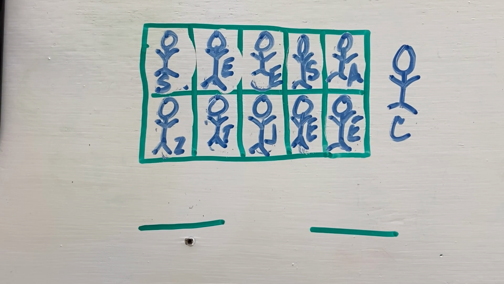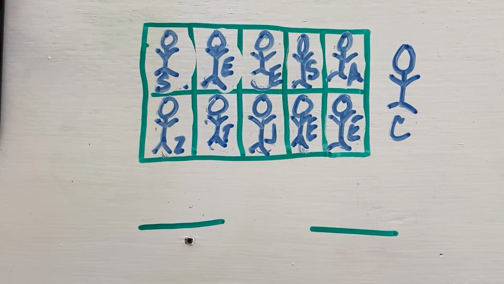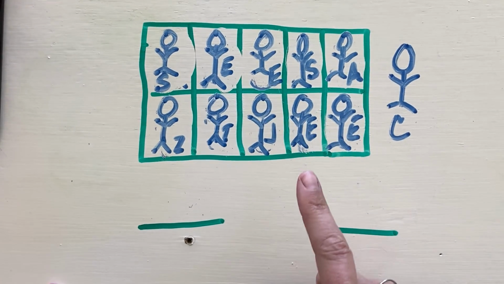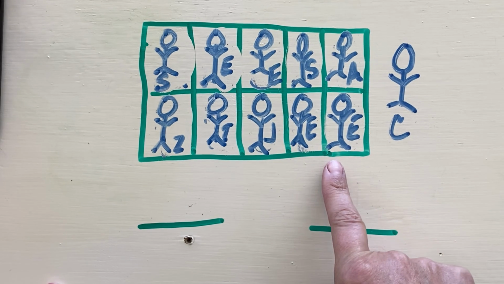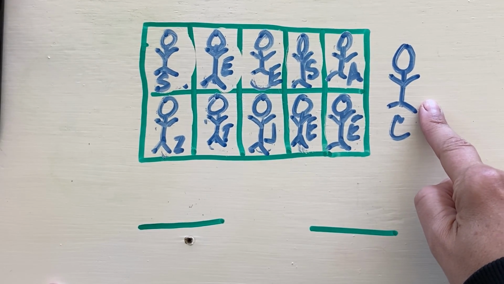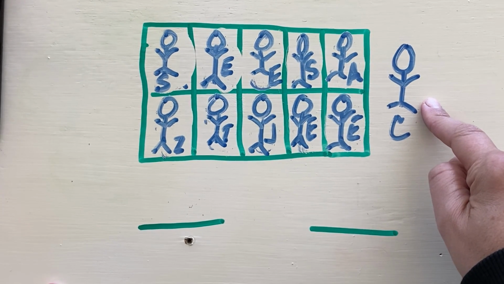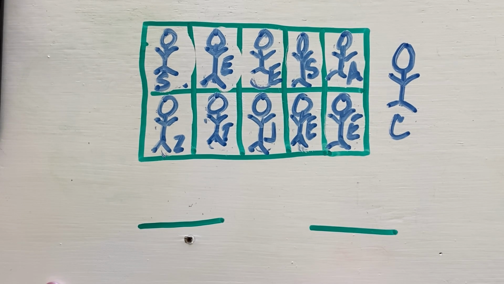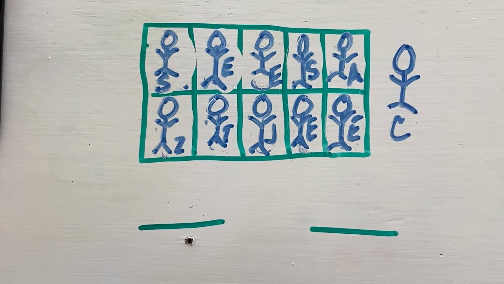So let's count using our say 10 counting. Our 10 frame is full, so we automatically know that that is 10. So we start with 10, 10, 1. 10, 1, or 10 and 1 make 11.